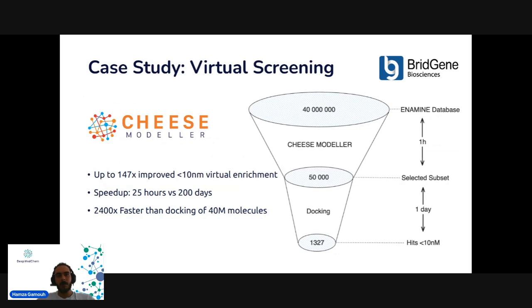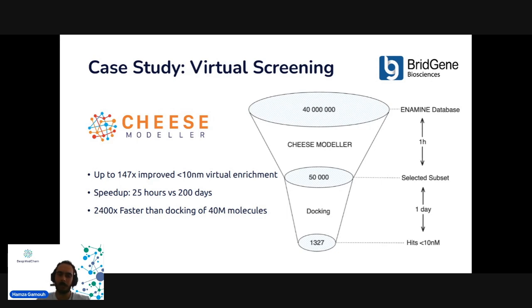Here I will talk about one case study that we did before, because we've brought up the discussion about the active learning strategy. In the past, we performed a similar strategy to screen a subset of the Enamine database for Bridging Biosciences company, and we achieved about 150 times improved virtual enrichment.